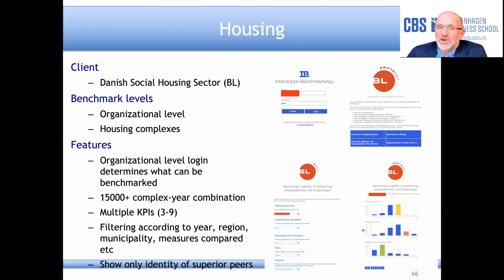We have also done benchmarking of housing associations for the Danish social housing sector. You can benchmark at the organizational level or at the level of the individual housing complex. Again, this is a huge data set, because we have 15,000 complex-year combinations, and for each of them we have different KPIs.